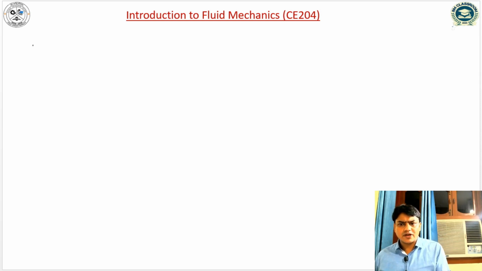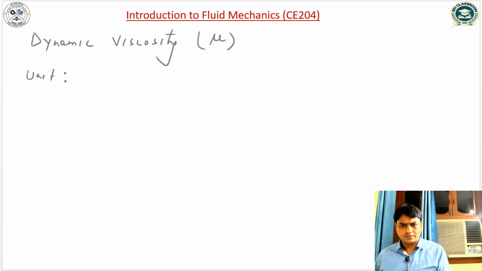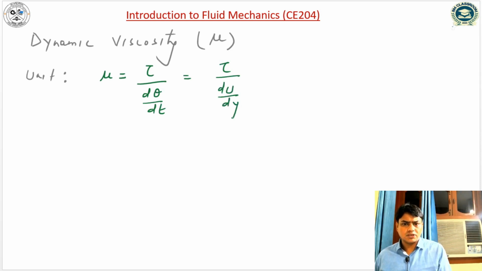There are two types of viscosity. Dynamic viscosity, mu. What is the unit of dynamic viscosity? With the help of this equation we can write mu is equal to tau by d theta by dt, or we can write tau by du by dy.